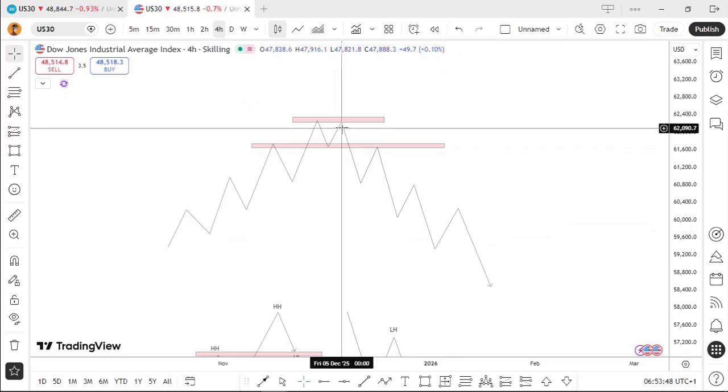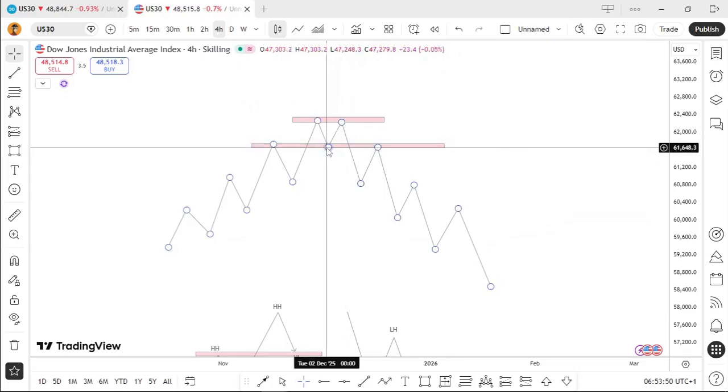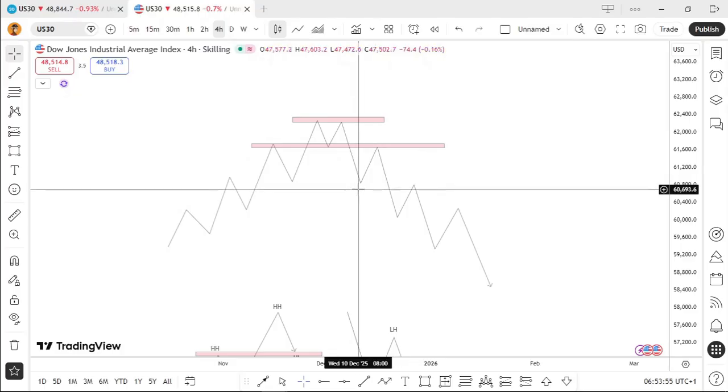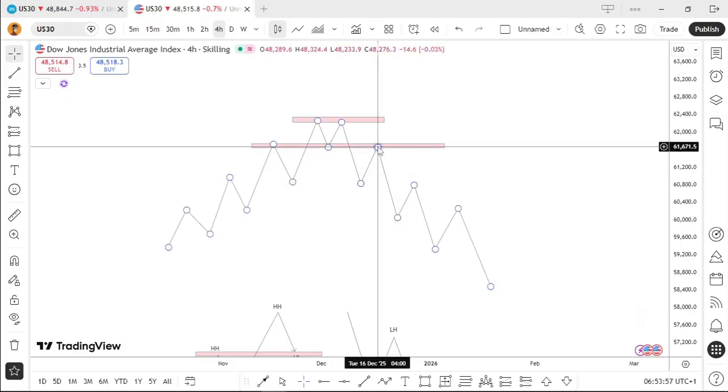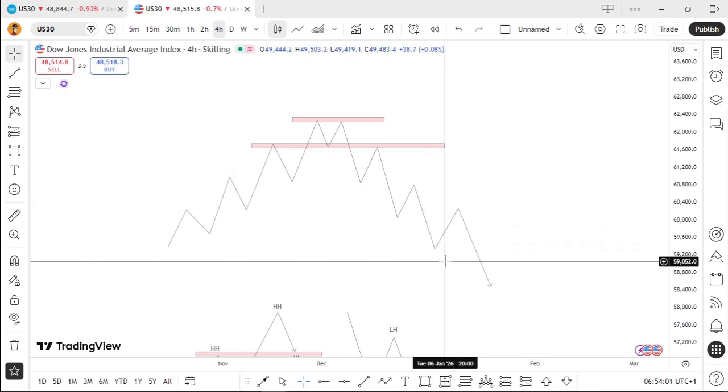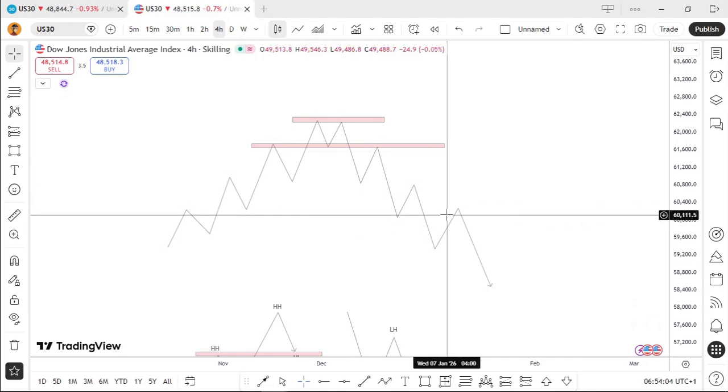The market broke the last structure point, went back and retested the structure point and began to fall by creating lower low and lower highs.